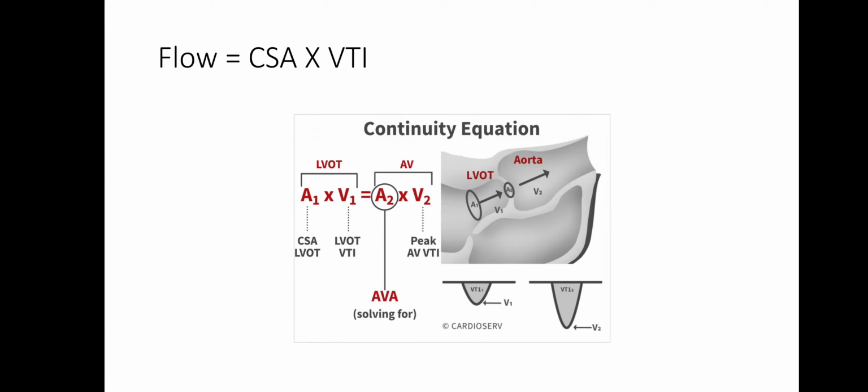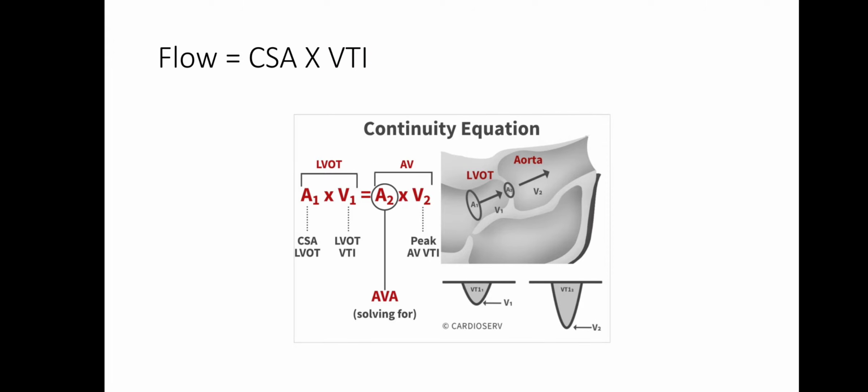We can find the VTI of the LVOT by applying pulse wave Doppler in the 5-chamber view on the LVOT. For the VTI of the aortic valve, we can place the CW Doppler, continuous wave Doppler, at the aortic valve and find the VTI envelope of the aortic valve. Or we can also put the values of velocity in place of VTI.